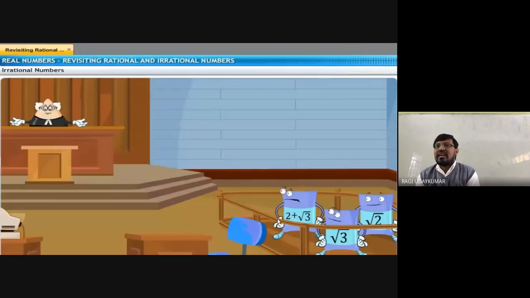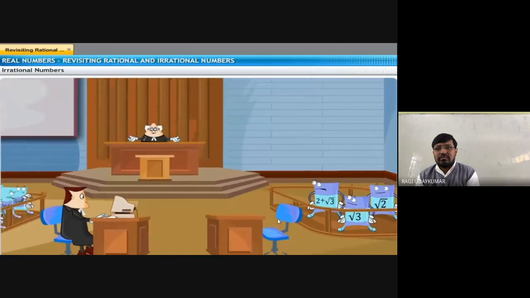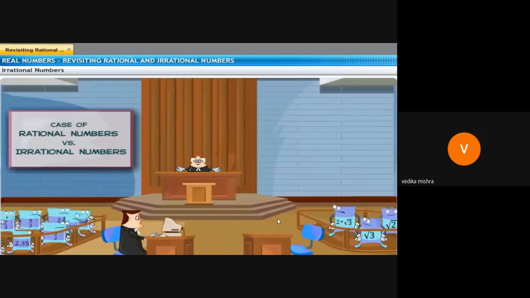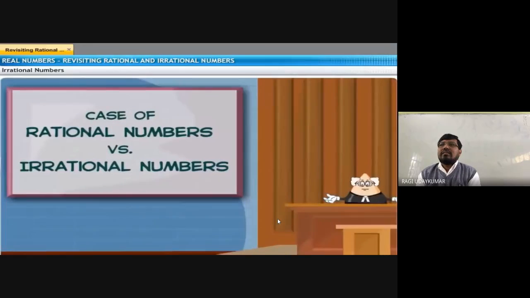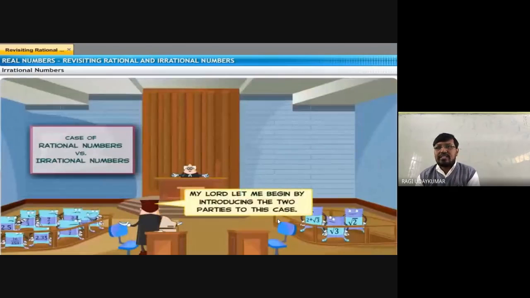So they are all saying that we are all rational numbers. See that. But are 2 plus root 3, root 3 and root 2 rational numbers? No, sir. So here, like in a court, one situation is given to you to attract you to the case of rational numbers and irrational numbers.